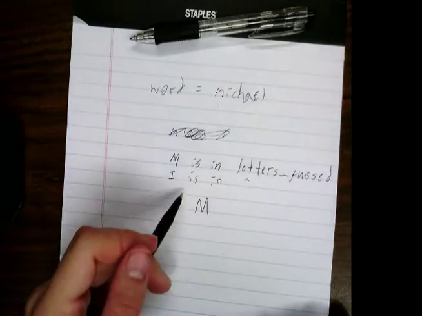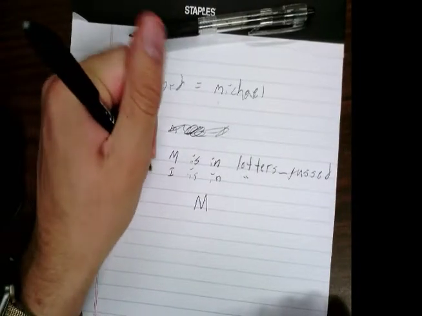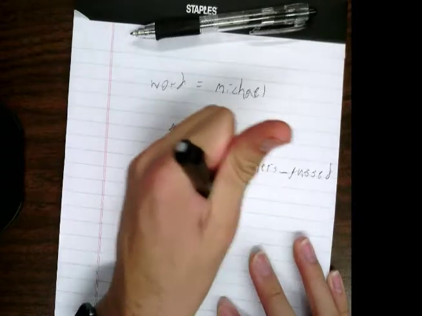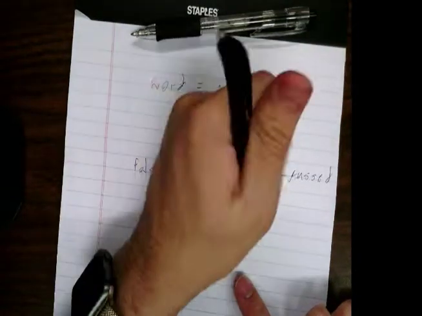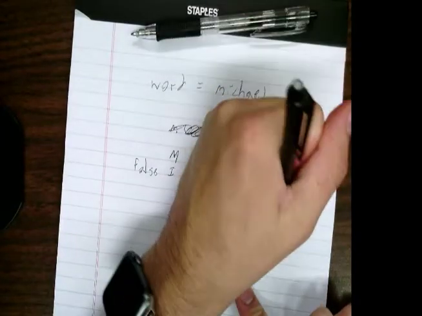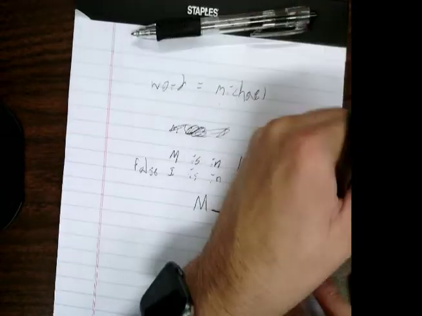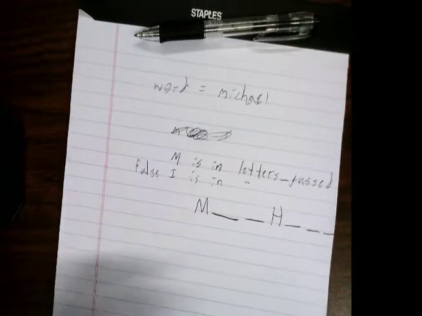Let's say this came back false, then instead it's going to print an underscore. Then say we didn't guess C, but we guessed H, didn't guess A, didn't guess E, didn't guess L. So now we have that.